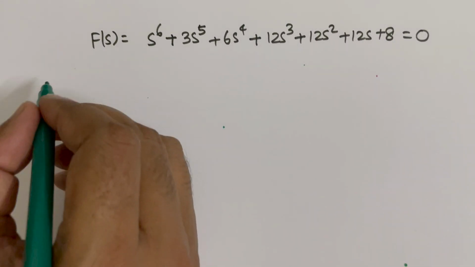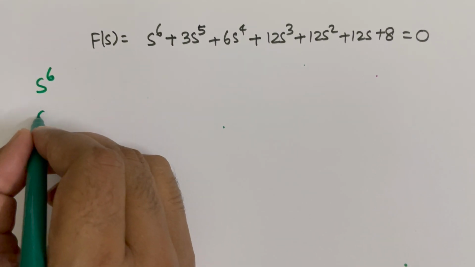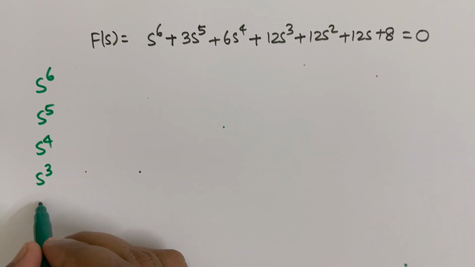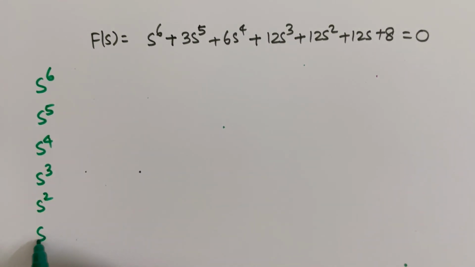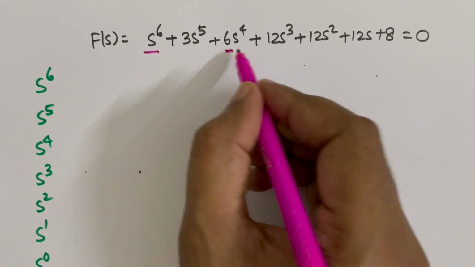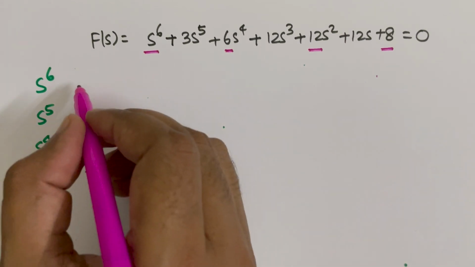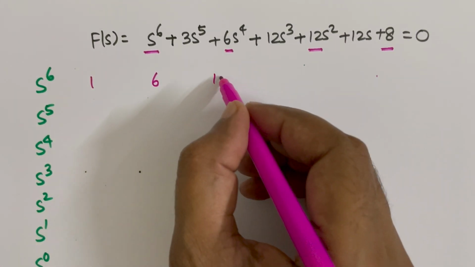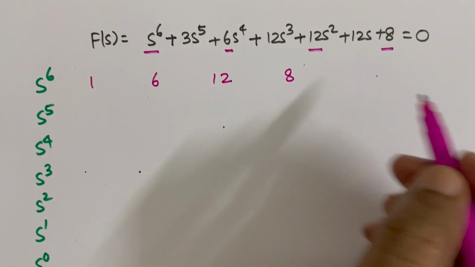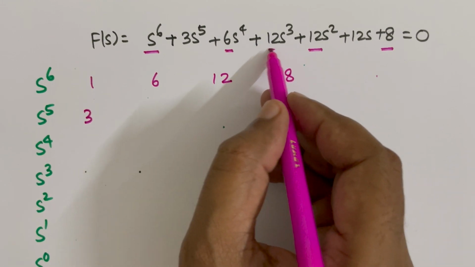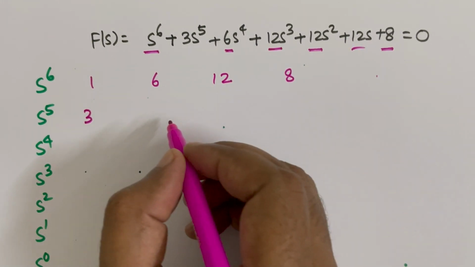And now I will write this as s^6, s^5, s^4, s^3, s^2, s^1 and s^0. Start from s^6, then this, then this and then this. So the values are 1, 6, 12, 8. Then we have 3, 12, 12.